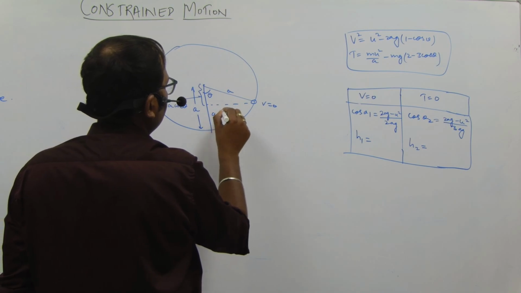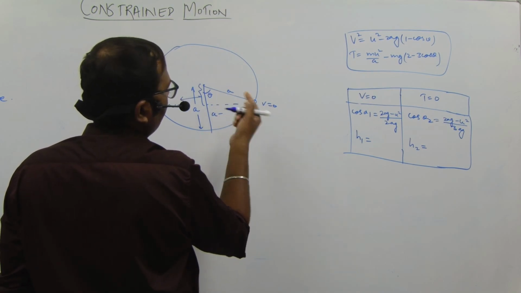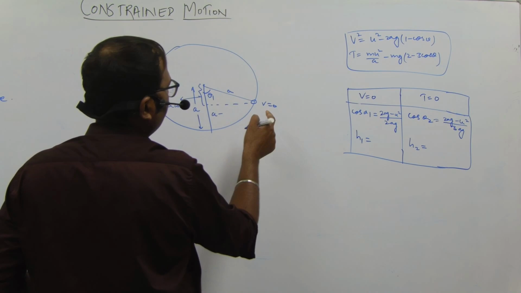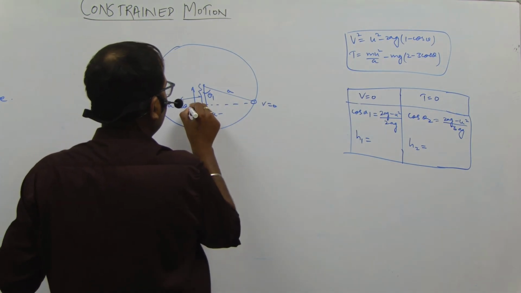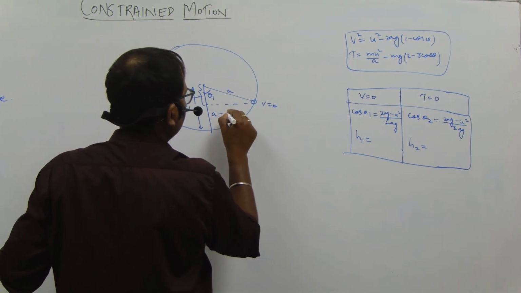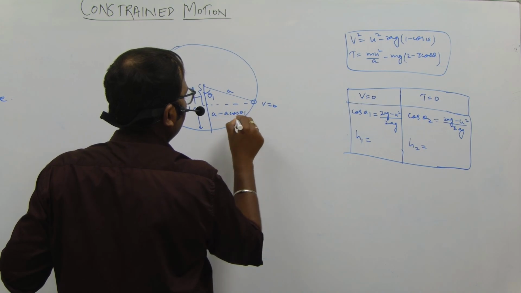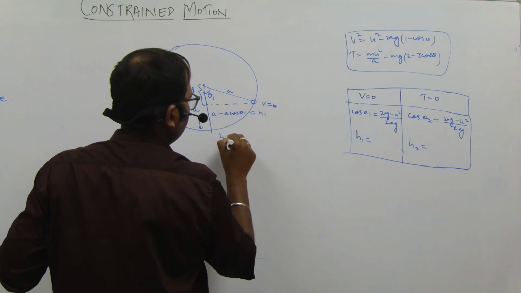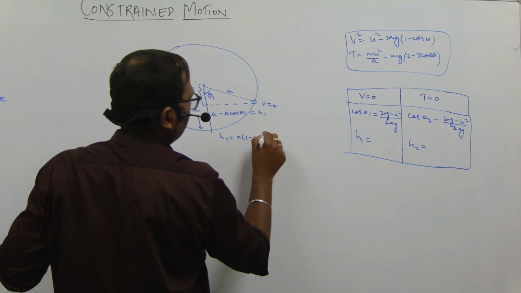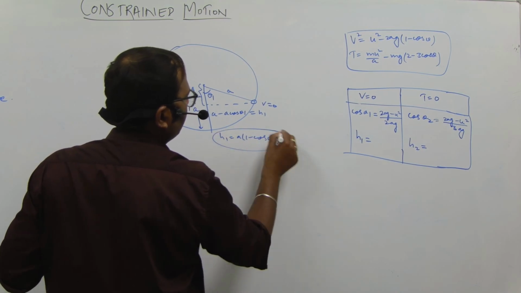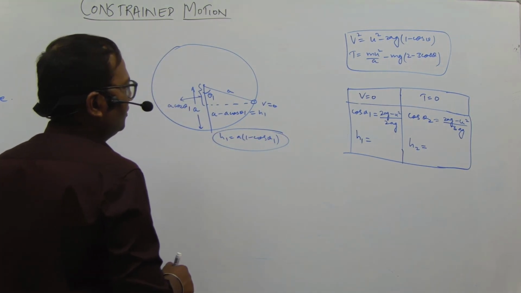So this is a minus a cos theta 1, where we have taken the value of theta as theta 1 when the velocity is equal to 0. So a minus a cos theta 1 is equal to h1. So h1 is equal to a times 1 minus cos theta 1. Okay, let us find the value of h1.